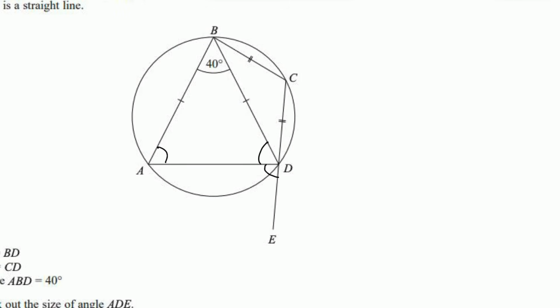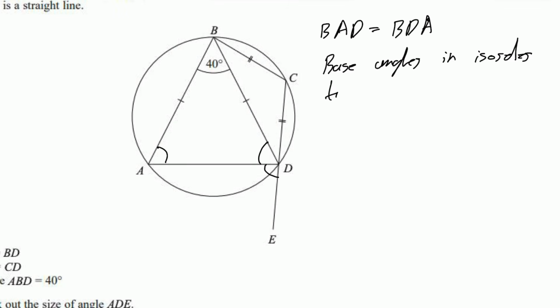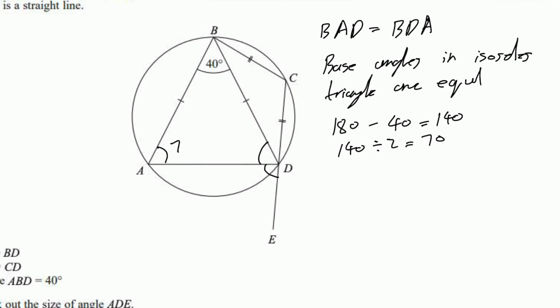So if I was answering this in the exam, which is how I'm going to try to answer this, BAD is equal to BDA, and my reason is because base angles in isosceles triangle are equal. So that then tells me 180 take away 40 is equal to 140. 140 divided by 2 is 70. Okay, so that's 70, that's 70.